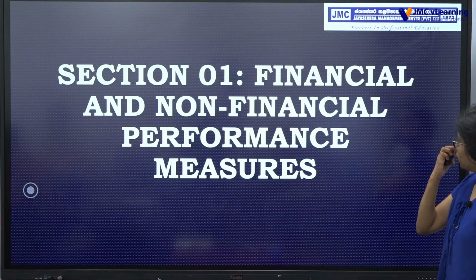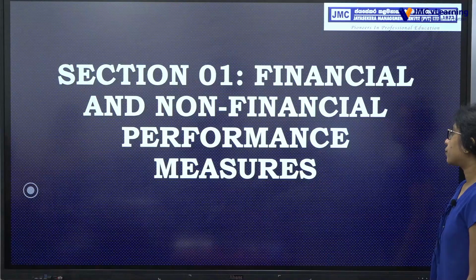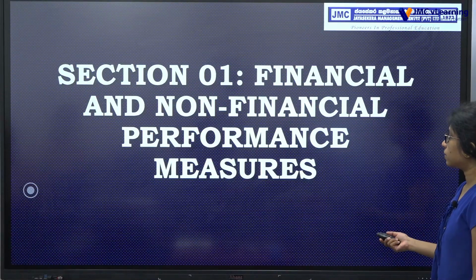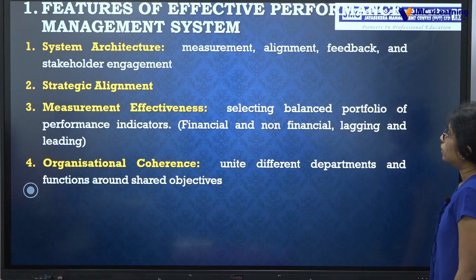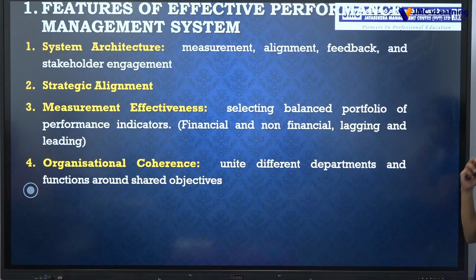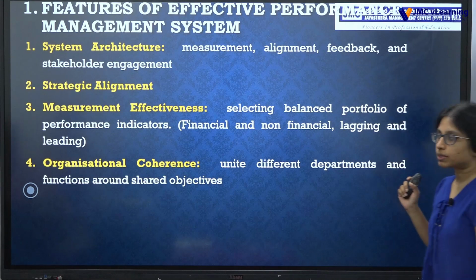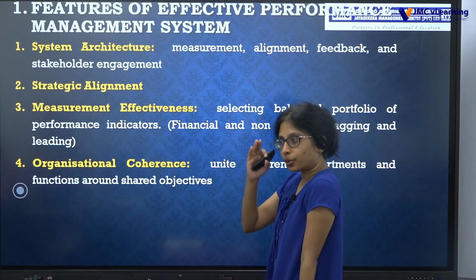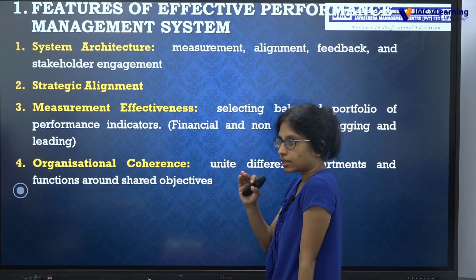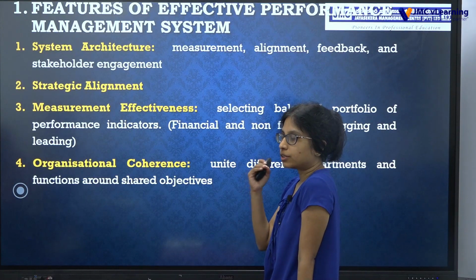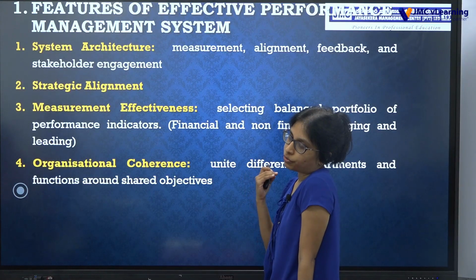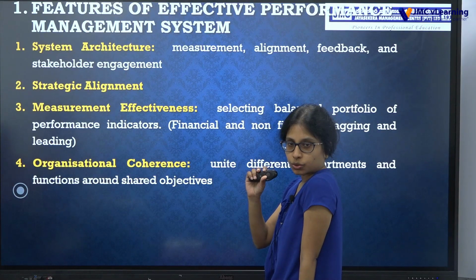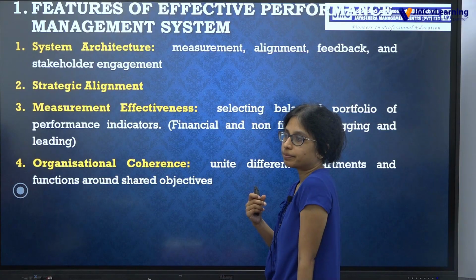So, section 1, financial and non-financial performance measures. First one, this is important. They are saying if you want to have an effective performance management system, that is not only targets, the whole process from setting the targets, from evaluating, from the feedback, and from changing the KPIs accordingly.